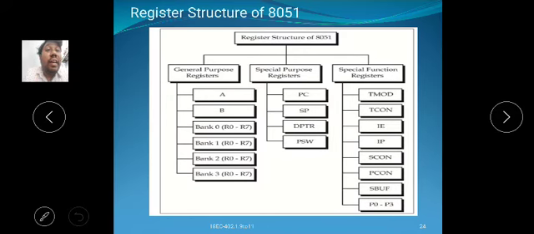This is the important register structure of the 8051 microcontroller.